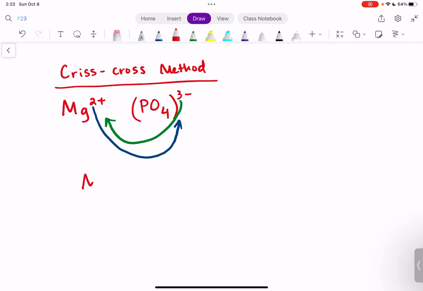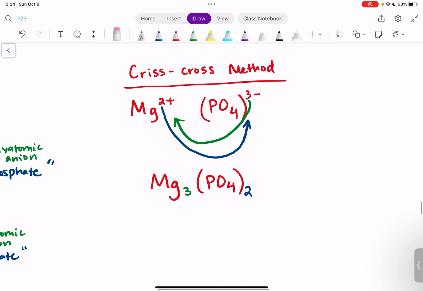What are we going to be left with? Mg, green arrow, 3, PO4, blue arrow, 2. Crisscross method. We took those numbers and crisscrossed them. Did we get the same thing?